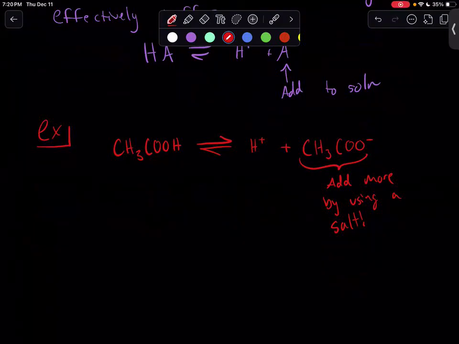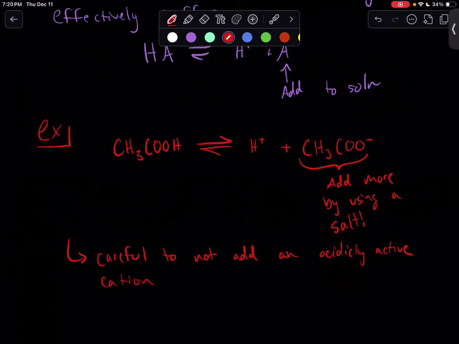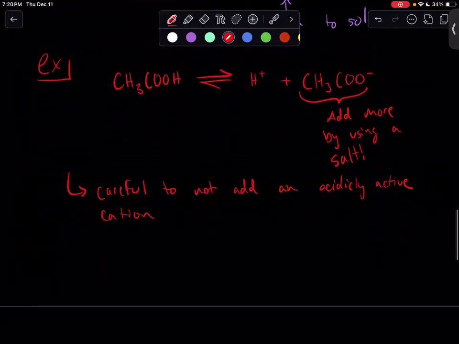And when we add the salt, we must be careful to not add an acidically active cation. So for example, we can use something like sodium, but we can't use something like ammonium.